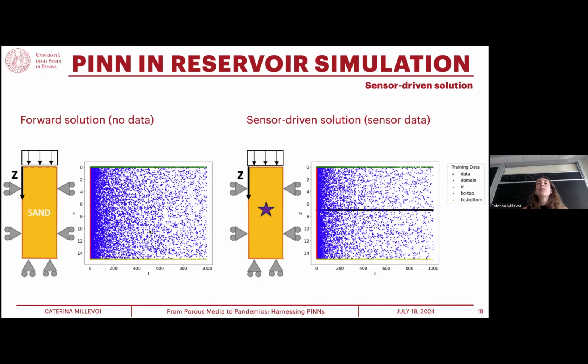The difference between the left and the right plot is that we have some data coming from a synthetic sensor located at z equal to 7, which is able to give us data along the entire time domain. Considering these few data inside the domain allowed us to consistently reduce the training times and also increase the accuracy of our simulations.